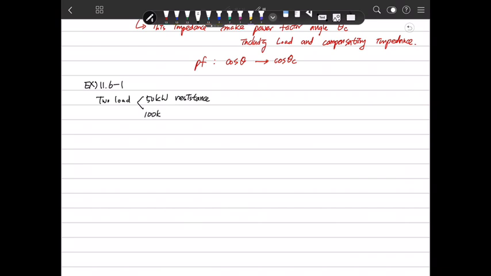And the other is 100 kVA, the apparent power, with 0.86 lagging power factor. Because this is lagging, that means an inductive load, perhaps a motor drive.